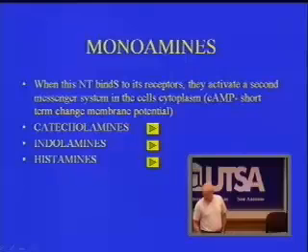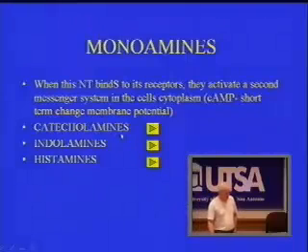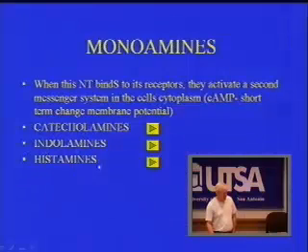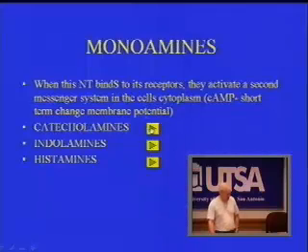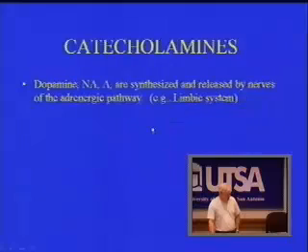Well, let's continue with the discussion of these. The monoamines then include the catecholamines, the indolamines, and the histamines. So they have only one amine group on them. So the catecholamines, of course, are the dopamine.